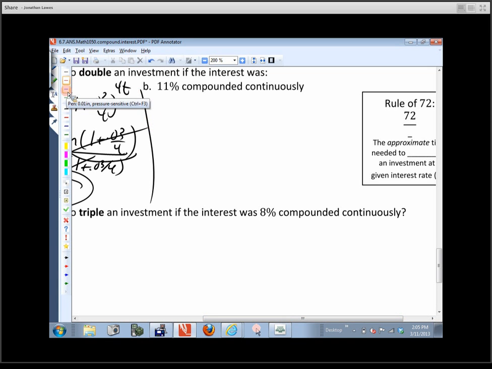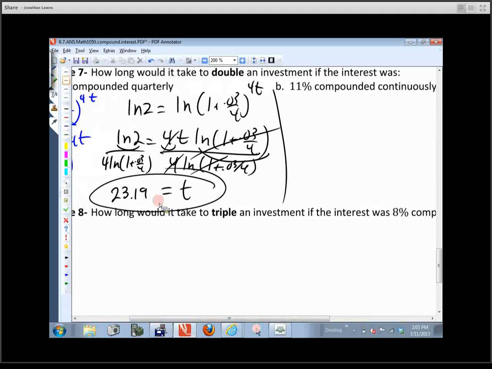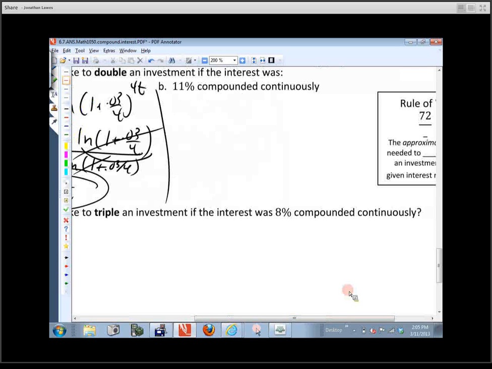This one is compounded continuously. So remember, this said it takes about 23 years, right? Little over 23 years. Okay, let's take a look at 11% compounded continuously. So we're going to set it up like this. It's Pe to the rt.